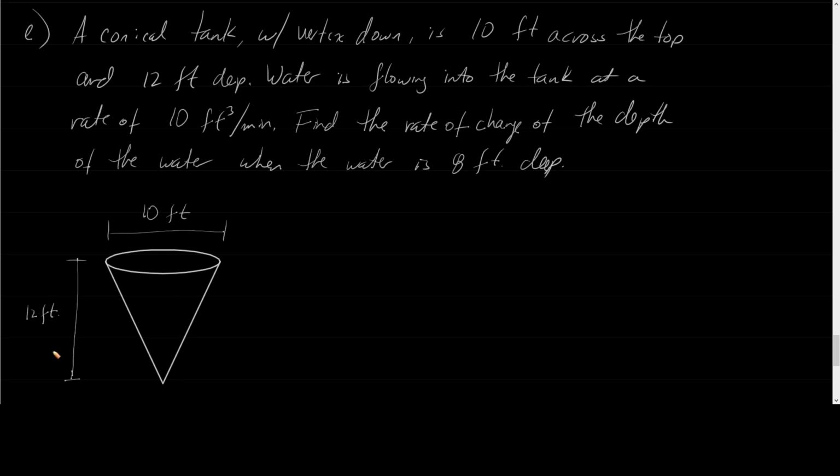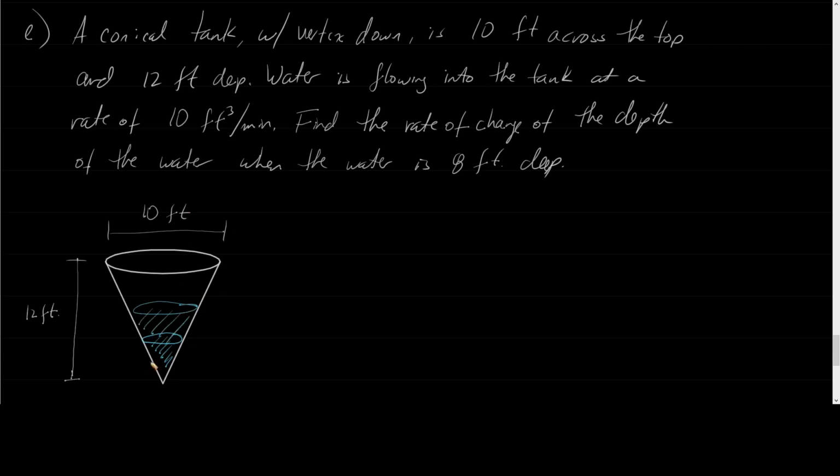Okay, and what else do we know about this? Well, we know that this is being filled with water. So at some point, the water level is here. Let me redraw that. So at some point, the water level is here. At another point, it could be up here, right? Because it's being filled in.